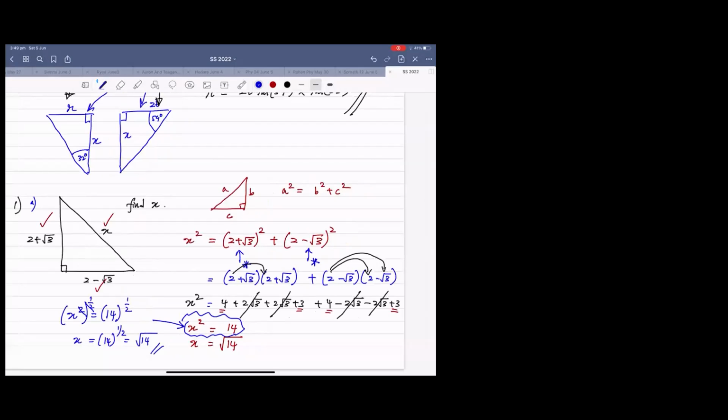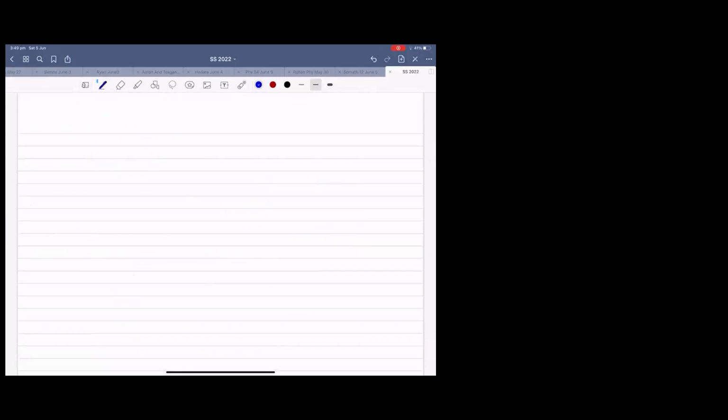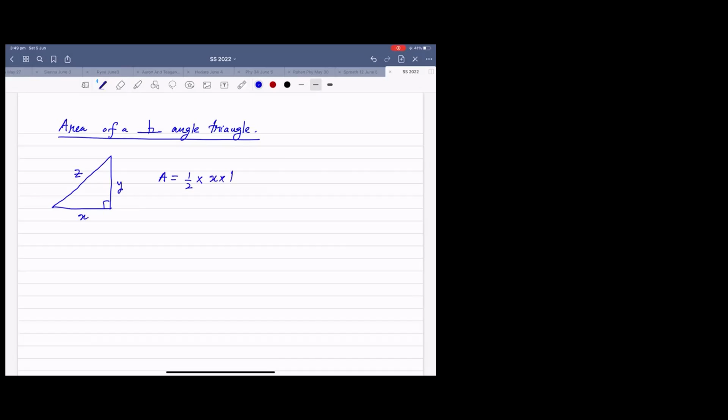Okay, now area of a right angle triangle. We have a right angle triangle like this. Suppose this is X, Y, Z. Area is given by half times width times height.